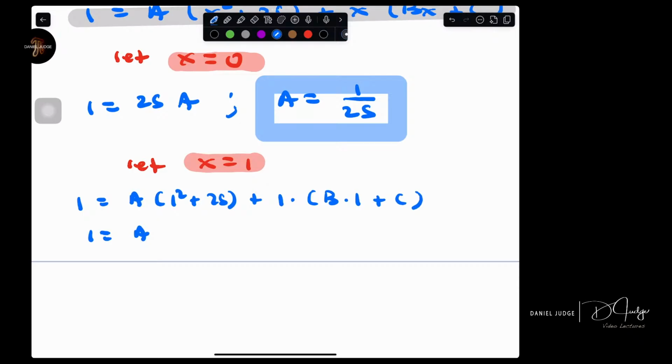A, and I guess that'll give us a nice 26a plus b plus c.